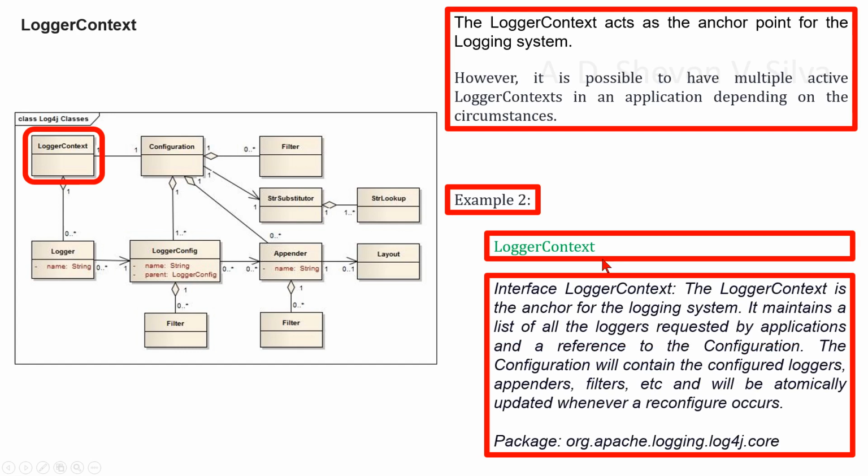The LoggerContext is the anchor for the logging system. It maintains a list of all the loggers requested by applications and a reference to the configuration. The configuration will contain the configured loggers, appenders, filters, etc., and will be automatically updated whenever a reconfigure occurs.